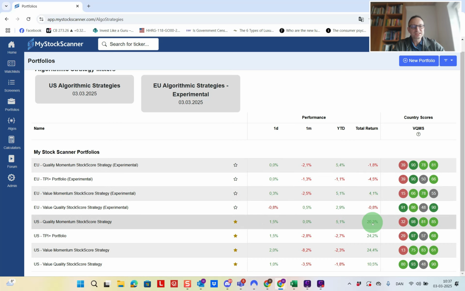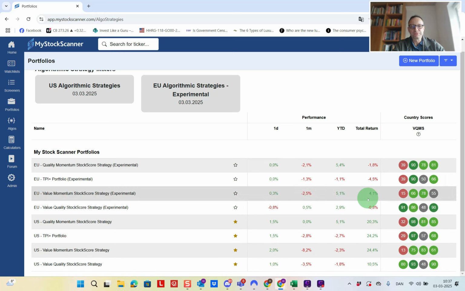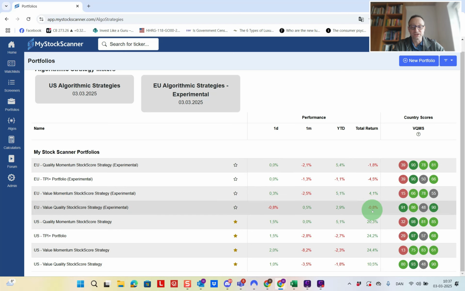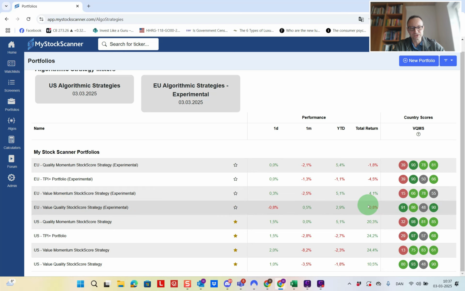And as you can see, since we began last January, so a bit more than a year ago, 3 of them have made in the range of 20 to 24%, and a single one has made 10.5%. Now, in total, the European strategies are a bit worse, or a lot worse actually, but we only tracked them since 1st of October, I think it was last year.